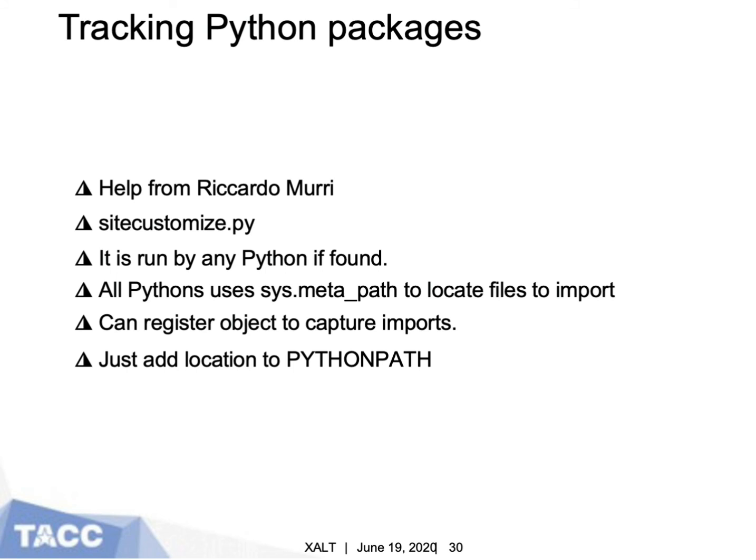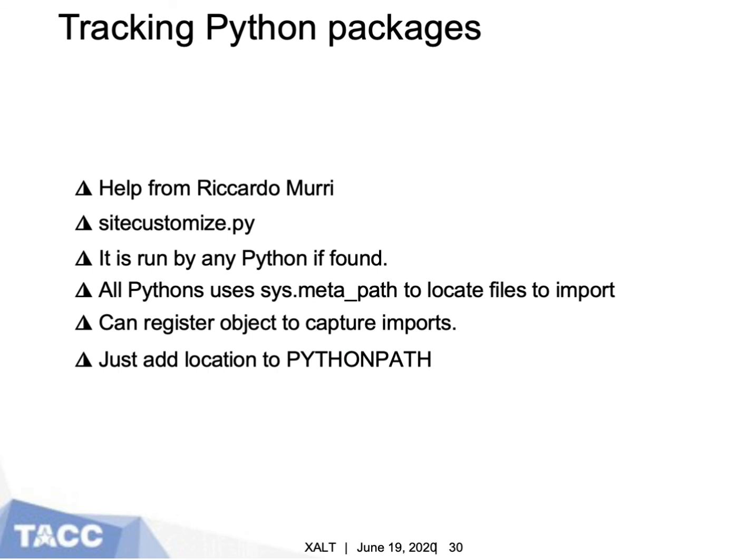Really recently, I found a way to track Python packages, and it again is using the same trick. With help from Ricardo Muti, there's a file called sitecustomize.py. If you have a file named that, and it's found in the Python path, then Python 2 and Python 3 will run it.